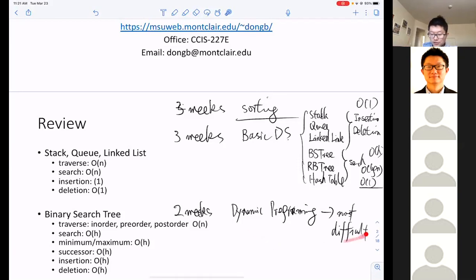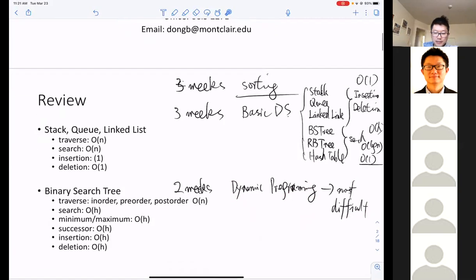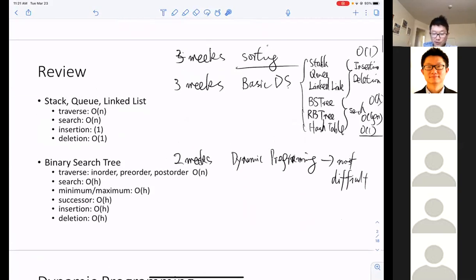It really challenges your intelligence. From the coding side, dynamic programming is not that hard, but it's extremely hard for you to understand it. So these 2 weeks are going to be rather tough for you.